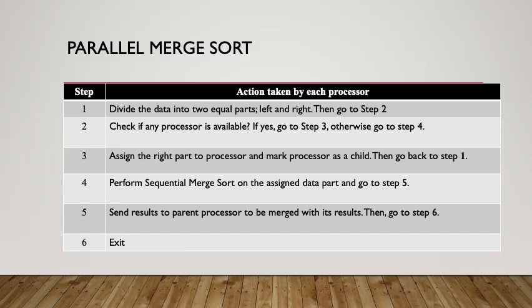However, those of you interested in exploring the topic further can check out the references section towards the end of this presentation. So, after division, all processors will perform a sequential merge sort to sort their own N over P data locally, where P is the number of processors and N is the number of items. To gather the results, each processor will merge its own result with its parent in a bottom-up manner.